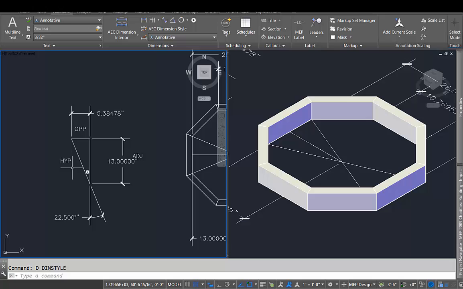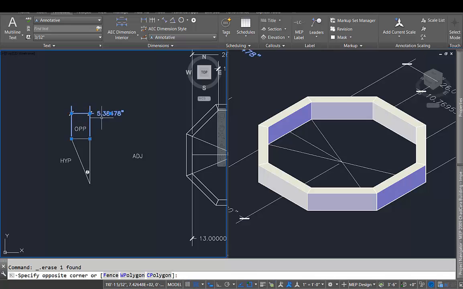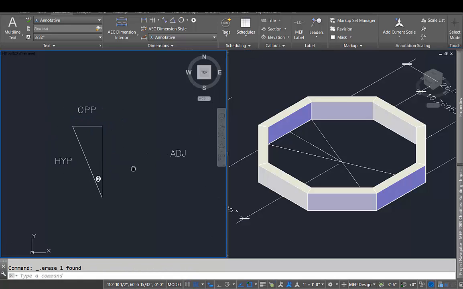Just remember the relationship. Let's get rid of these numbers here because that's not really the point. The point is Chief SOH CAH TOA. So just remember the relationship is always the angle and then what's opposite to that, right?